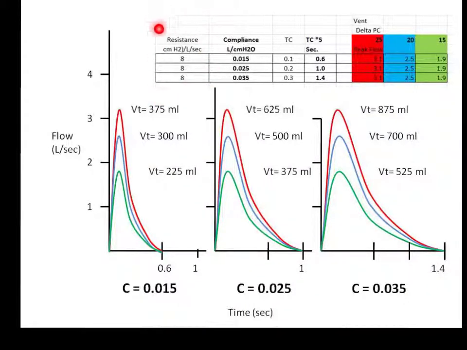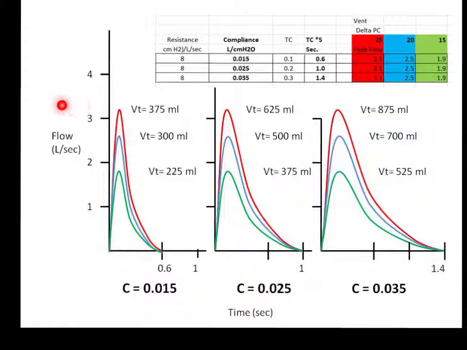So I kept it at a resistance of 8. And what I did was I changed the compliance to show how changes in compliance change our TI dynamic. All right? Changes in our pressure control level simply vary the peak inspiratory flow. They don't alter our TI dynamic.